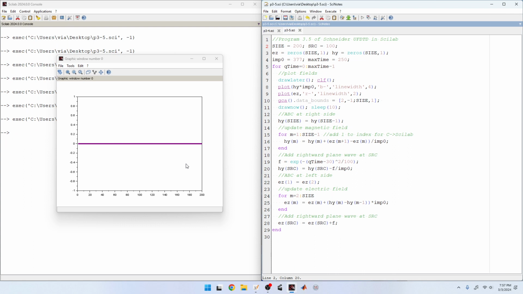We don't have scattered fields yet because we have just a homogeneous medium, just free space. But this would be the total field region, and then the left would be strictly a scattered field region. And so the boundary between them would be at this m is equal to 100, this source point, and that's where we're injecting this plane wave that propagates to the right.